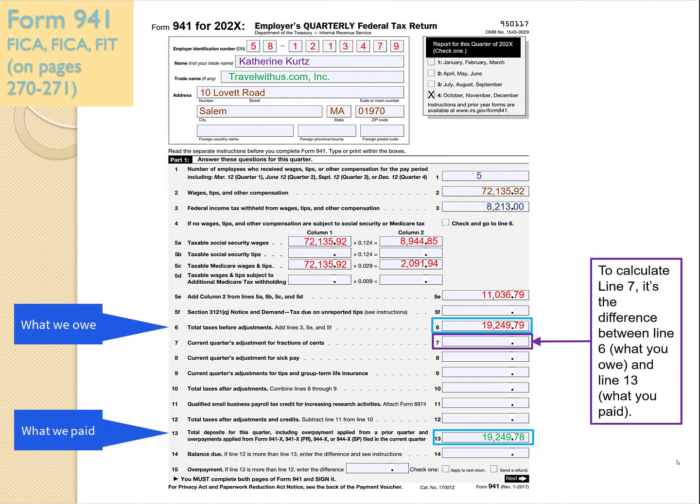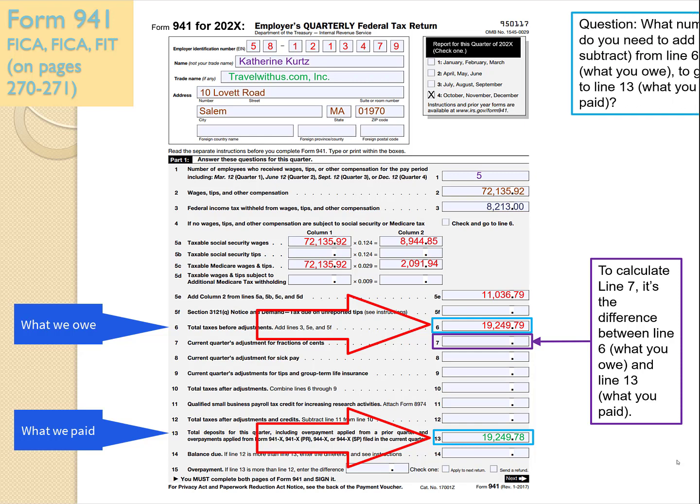So to calculate line 7, it's the difference between line 6, what we owe, and line 13, what we paid. So line 6 says we owe $19,249.79. Line 13, we paid 1 penny short, $19,249.78.